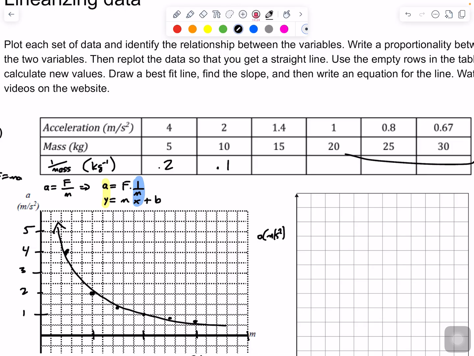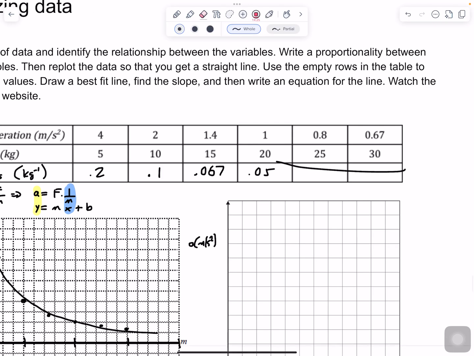If we get 15 inverse, you can see it's getting smaller, right? 0.067. 20 inverse is 0.05. 25 inverse is 0.04, and 30 inverse is 0.03.